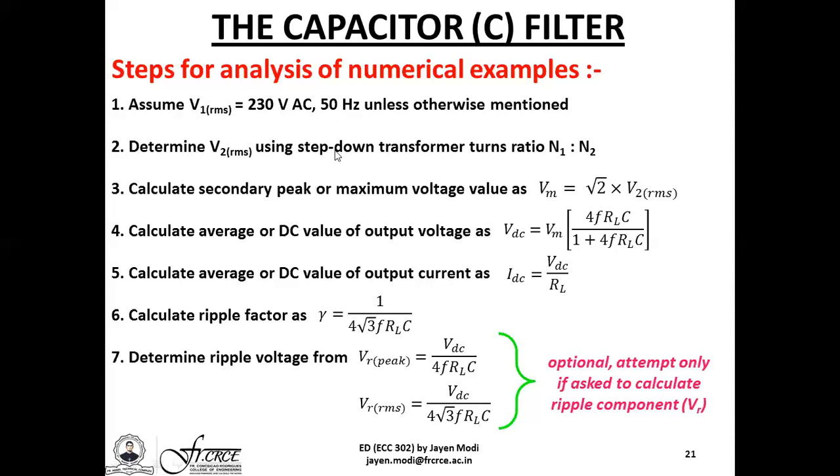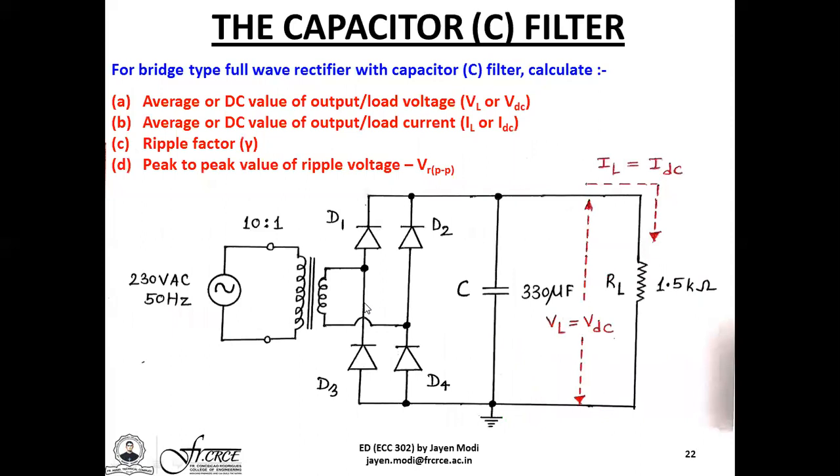Let us understand the whole process by taking a numerical example as shown. Now for the given problem, we need to first calculate the average or the DC value of the output or the load voltage, that is VL, or the value VDC. We need to calculate the average or the DC value of the output or the load current, that is IL, or the value IDC.